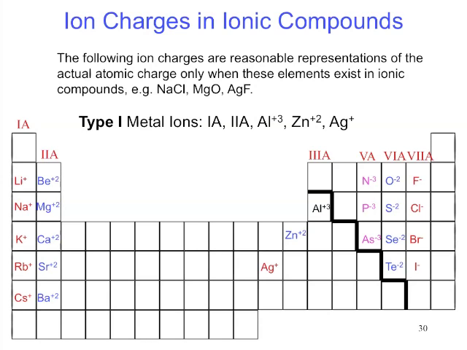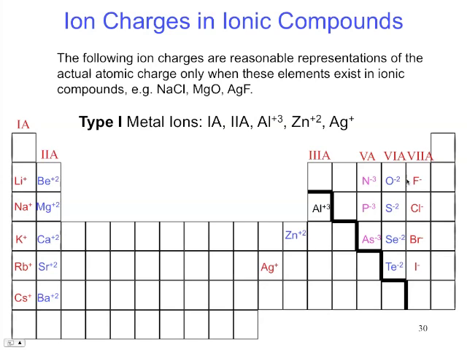Those are elements that always form the same charge, no matter what. Whenever they form an ionic compound, you're guaranteed to have those charges. Type 2 metal ions, the charge is variable. Okay, so we'll talk about how to figure out the charge of those given a chemical formula at a later time. For right now, I just want you to memorize these are always +1, these are +2, aluminum's +3, and then zinc and silver are +2, +1 respectively.